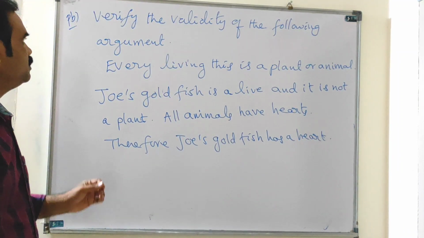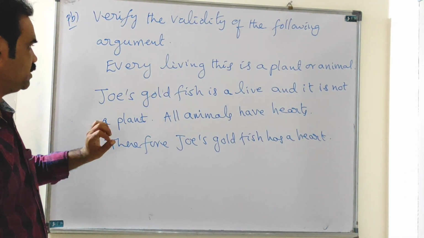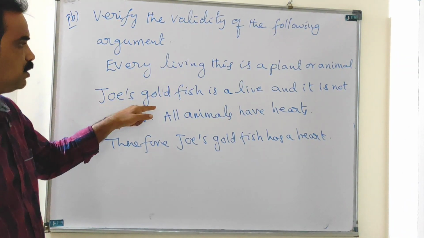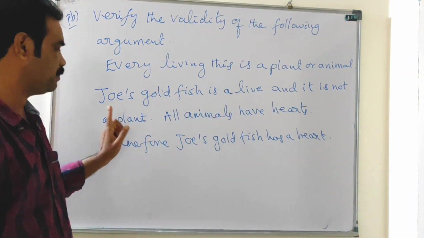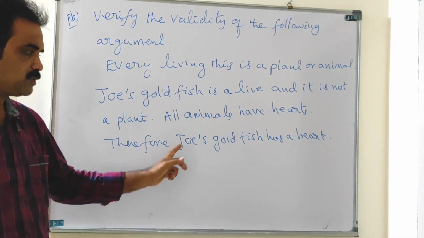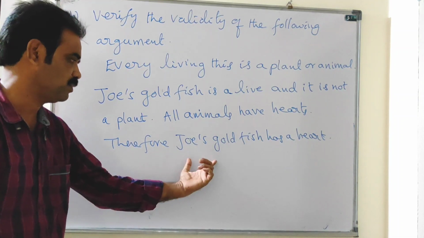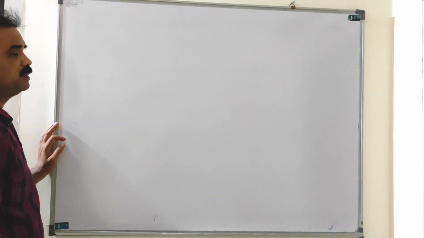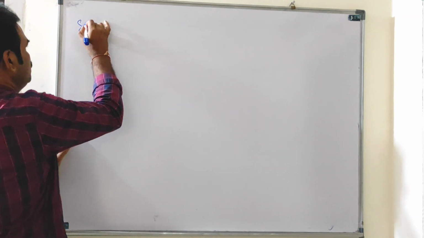You have to verify the validity of this argument. Every living thing is a plant or animal. Joyce goldfish is alive and it is not a plant. All animals have hearts. Therefore, Joyce goldfish has a heart. This is our conclusion. See the solution.